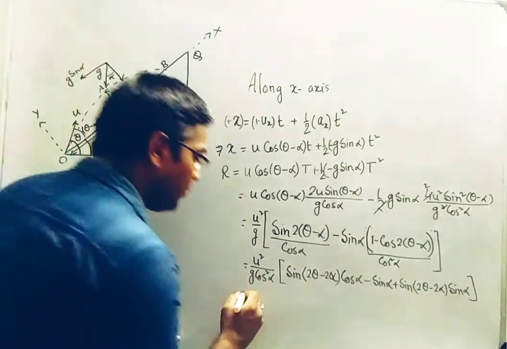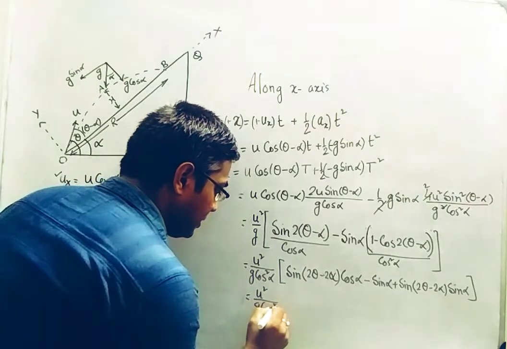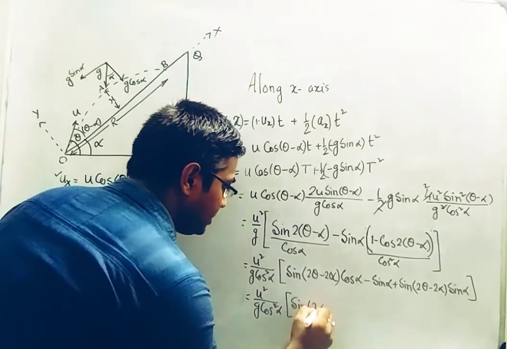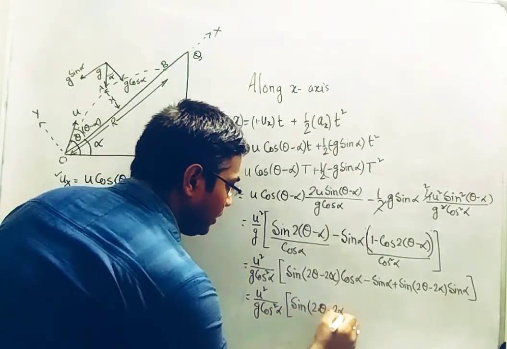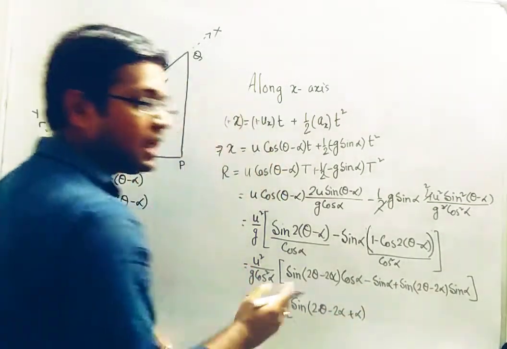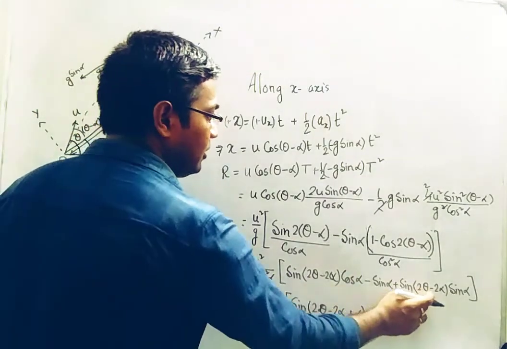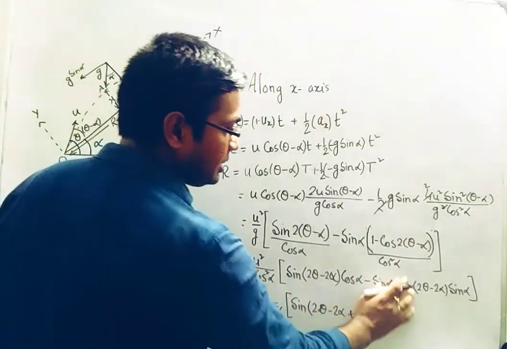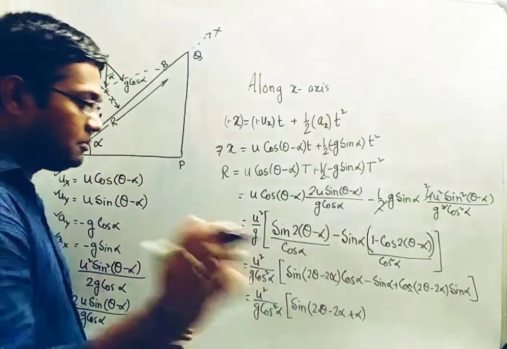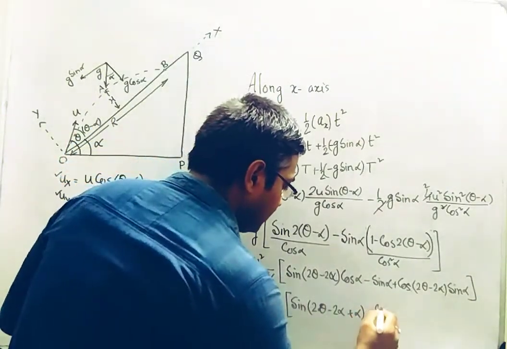This is the trigonometric formula that allows us to write cos square alpha sine 2 theta minus 2 alpha plus alpha. Sine A plus B equals sine A cos B plus cos A sine B. In continuation I have done cos A sine B minus sine alpha.